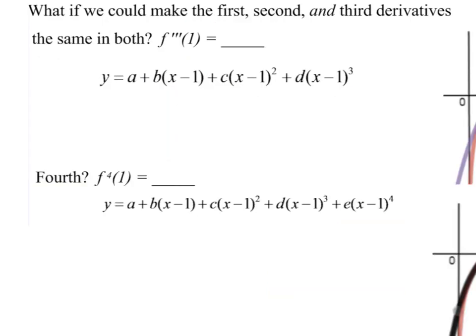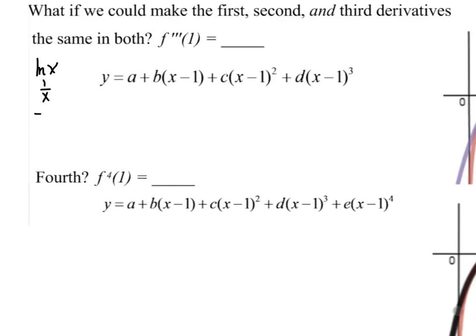So now I'm going to try and make not only the first and second derivative, but also the third derivative match. So again, you want the function and the polynomial to have the same values at all of these derivatives. So natural log, okay, its derivative was 1 over x.